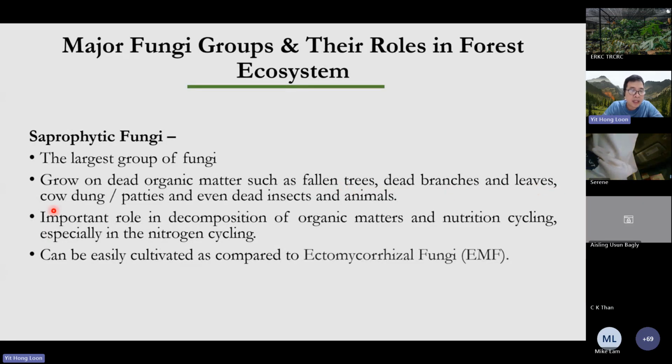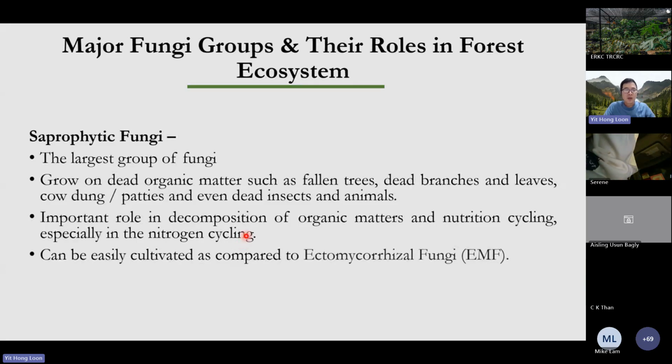Sometimes they grow on cow dung and even dead insects or animals. Okay, so they are important to decompose the organic matter or the carbon material and recycle the nutrient back to nature, so that the plants and the trees can obtain this nutrient to continue to grow.